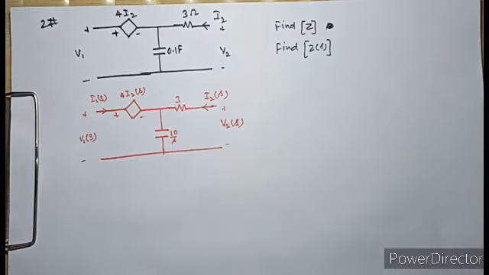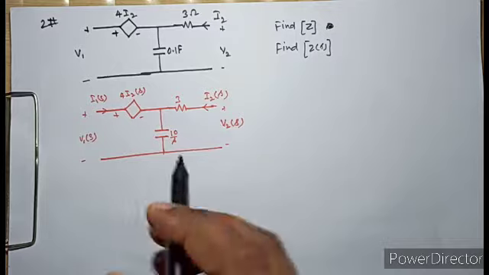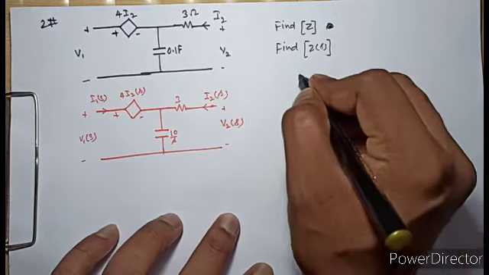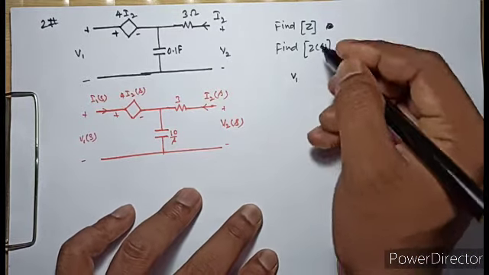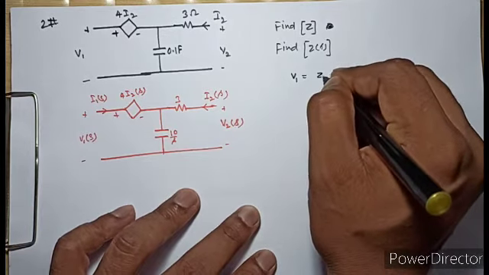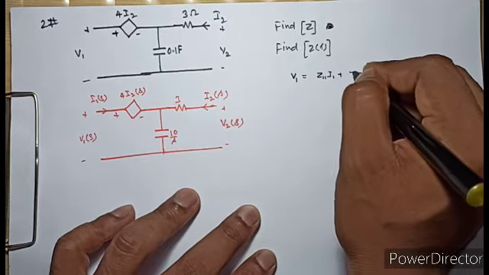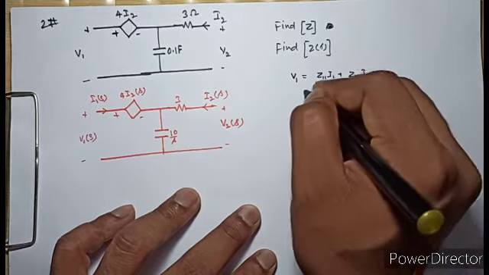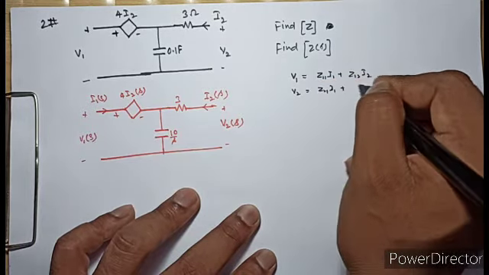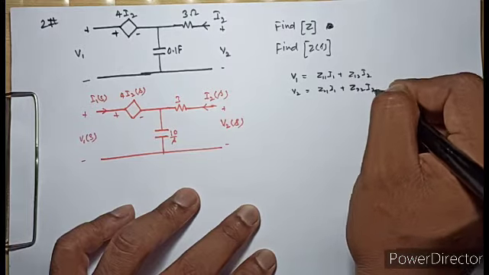Right, now this is in Laplace domain, and now we have to find the Z parameters for this. Now recall what were the relations for Z parameters. Our relations were V1 is equal to Z11 I1 plus Z12 I2 and V2 is equal to Z21 I1 plus Z22 I2.